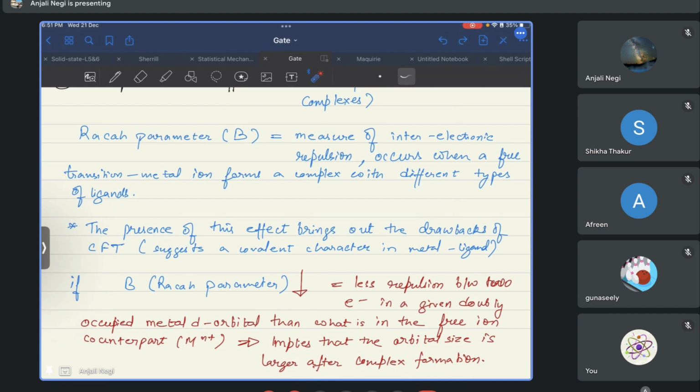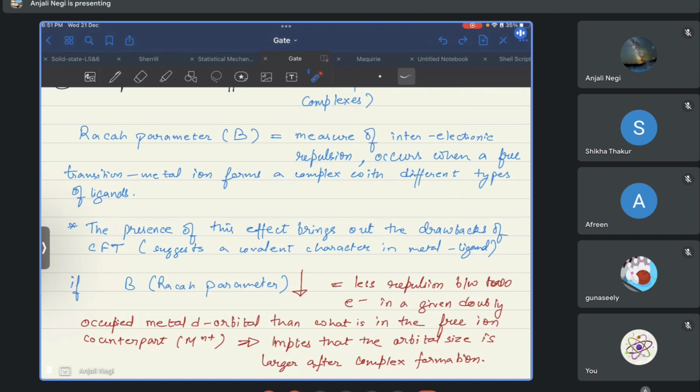In Greek, if you search the word nephelauxetic, you will see that it simply means cloud expansion. So the nephelauxetic effect means that the orbital or electron cloud is distorted or expanded. In that effect, my Racah parameter in comparison to the free metal ion got reduced, that is, the repulsion reduces.